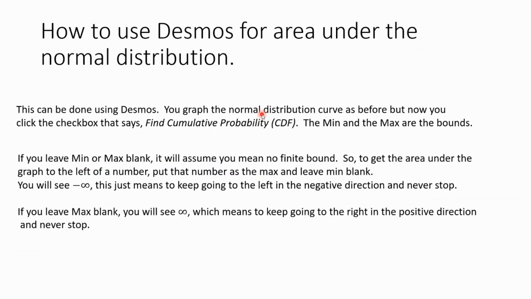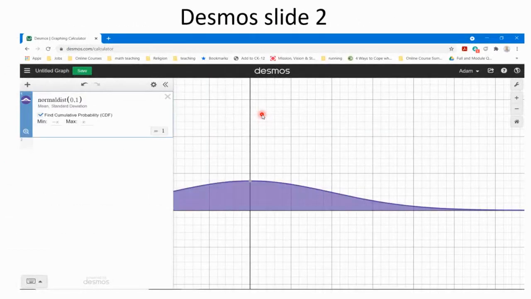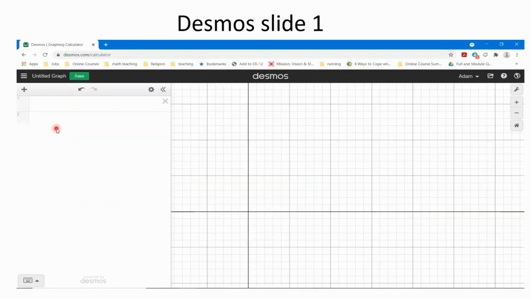You essentially graph the normal distribution curve. Before, I told you not to click that find CDF, cumulative probability function, but now you are going to click it. When you click it, you'll get these min and max boxes.